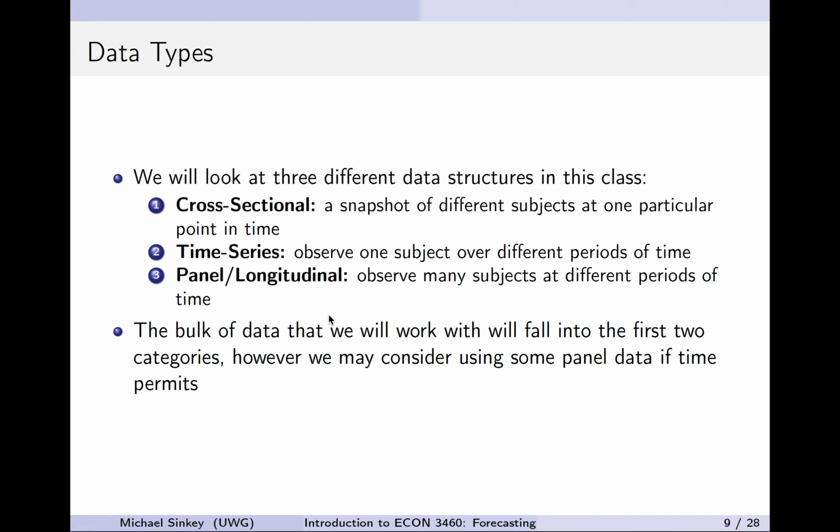Now a time series, let's say I'm looking at US GDP. I can measure that quarterly. I can measure it from every period since World War II, quarterly. That is a time series. It is one unit, the United States, and I can observe it at many different periods of time.